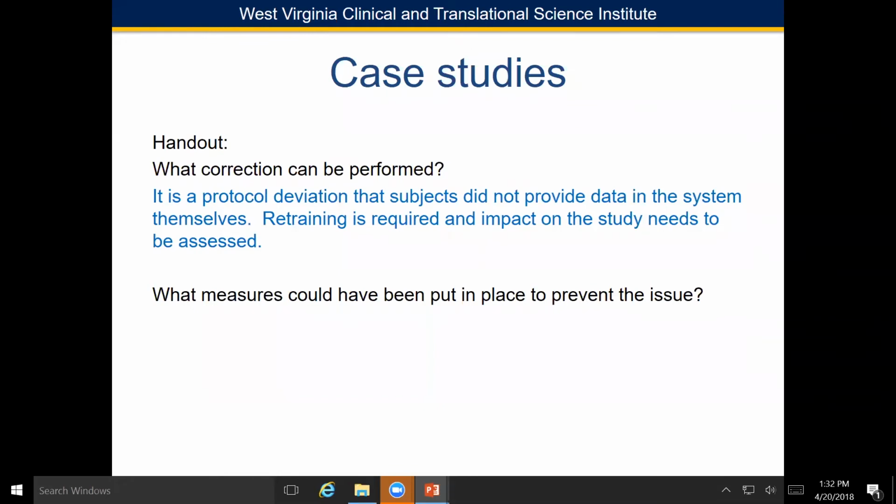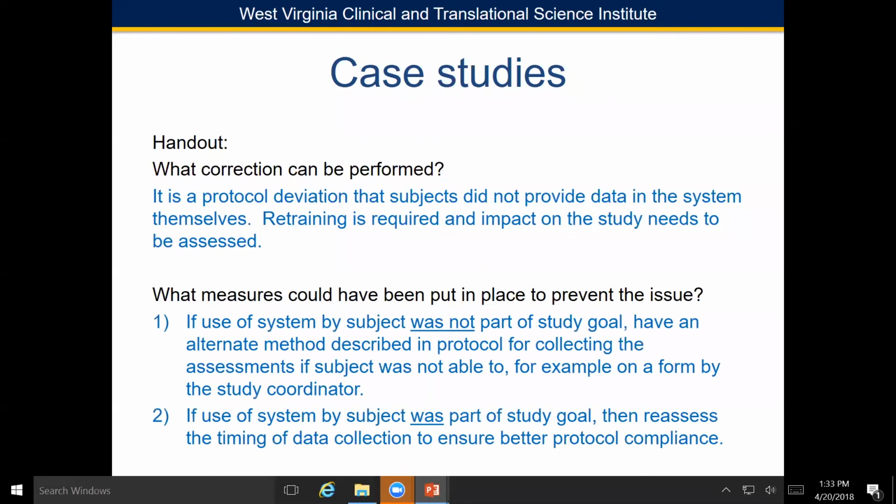Well, we didn't have access to the protocol to know exactly if that was part of the eligibility requirements for that study or what was documented specifically. But what I looked at is that it has to be assessed whether the patient documenting the data themselves was part of the study goals.